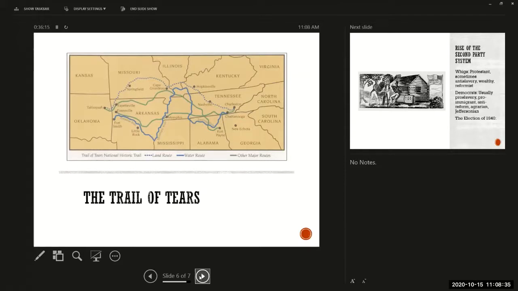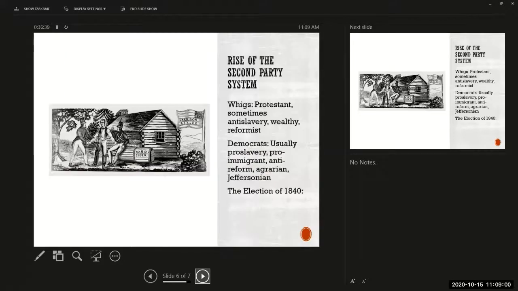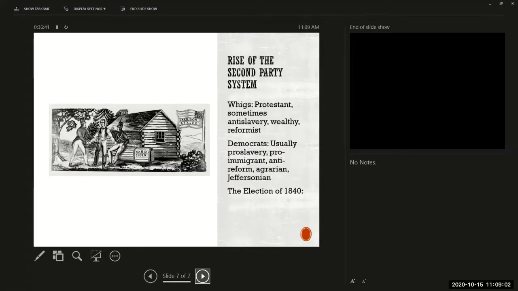If you've ever seen the movie Amistad, about the 1841 trial of a group of enslaved people who had mutinied against their ship captains, that occurred during Van Buren's administration. Anyway, that brings us up to the election of 1840.